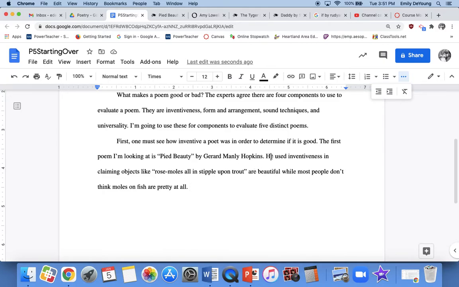So I might say, I think he used inventiveness really well in claiming objects like rose moles all in stipple upon trout are beautiful. Maybe I'll change that to because most people don't think moles on fish are pretty at all, including myself. So then I am done with that first example.